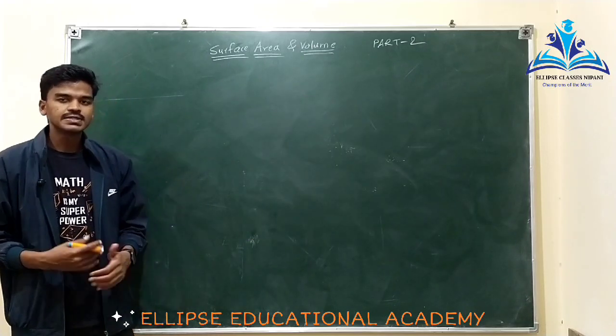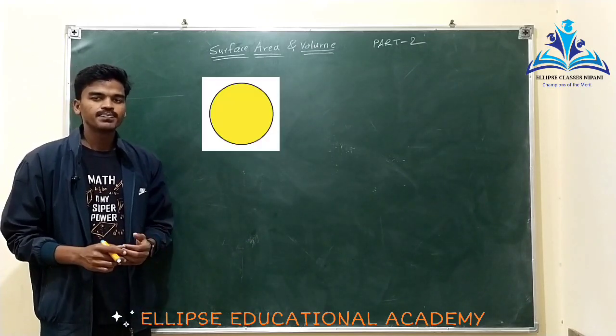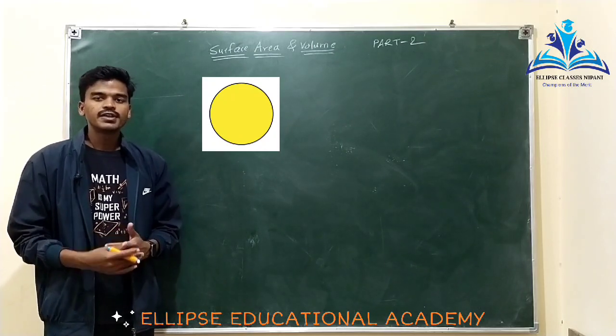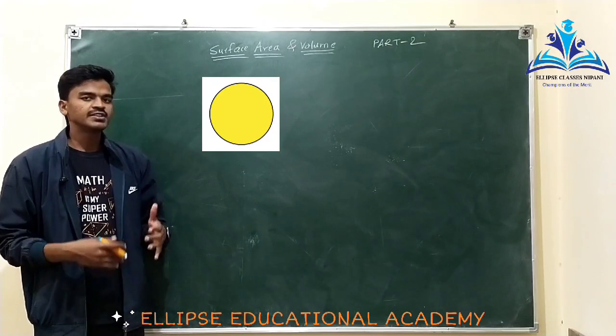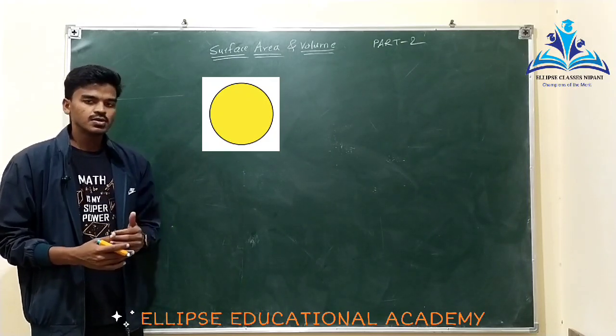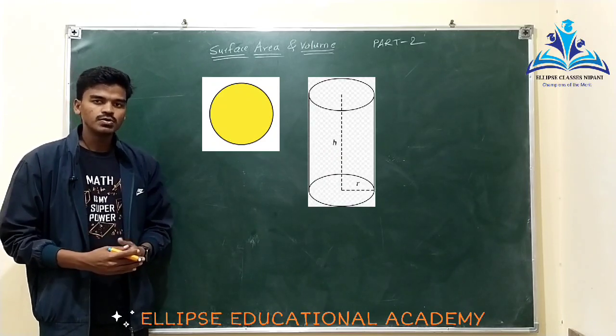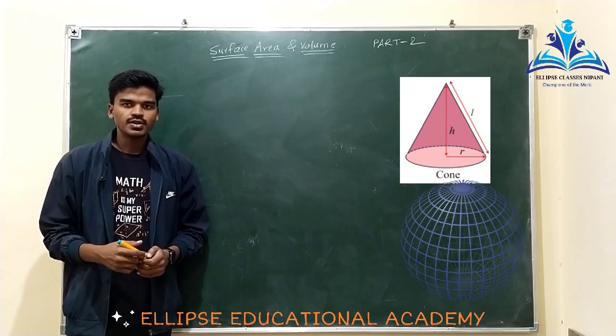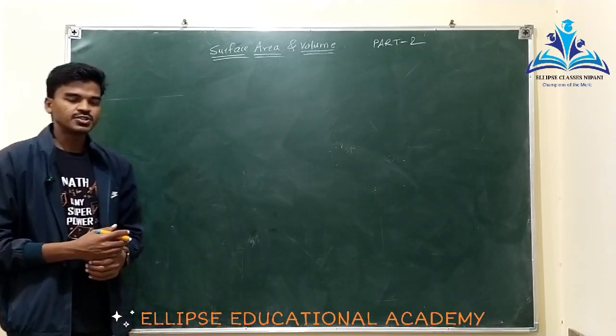Now we will discuss circle, circumference of circle, area of circle, and in three-dimensional diagrams we will discuss cylinder, cone, as well as sphere and hemisphere. So let's start our session.